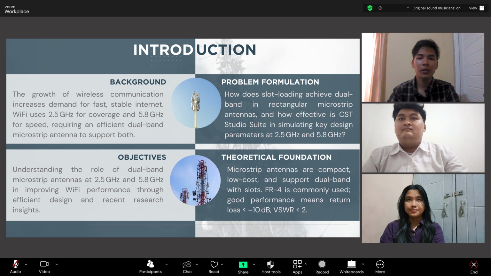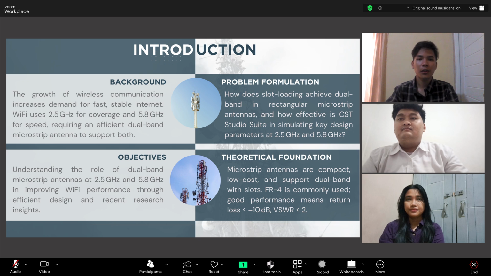Objective. The objective of this research is to understand the role of dual-band microstrip antenna operating at 2.5 GHz and 5.8 GHz in improving Wi-Fi performance by analyzing efficient antenna design methods and reviewing recent research.